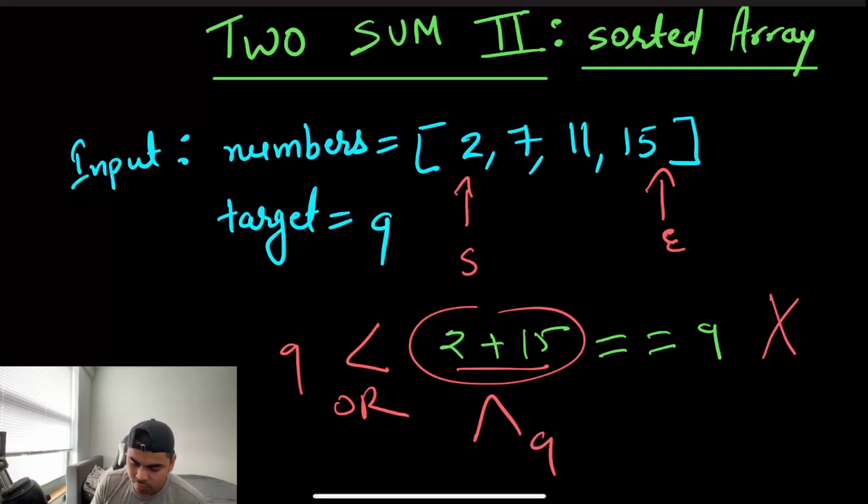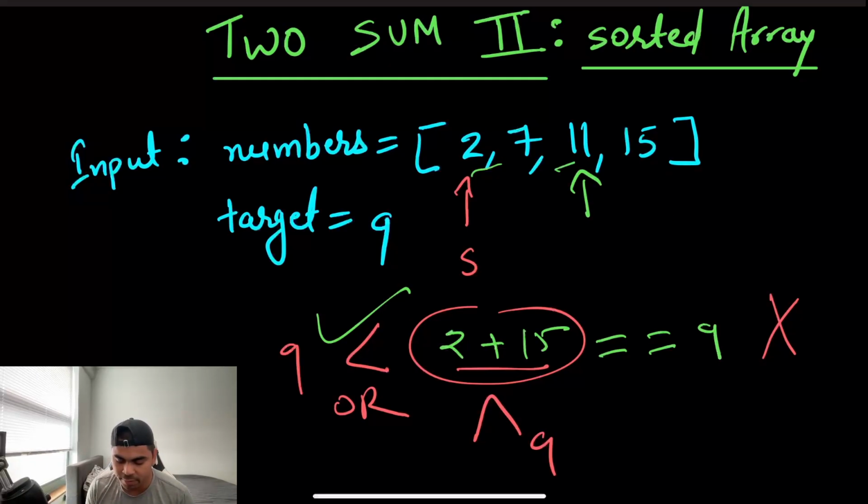Which one is true? This one is true, greater. We can't increment S, because it will only give bigger values. So we move E backward, and then check again.